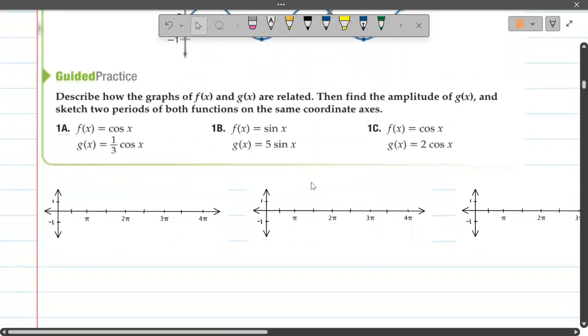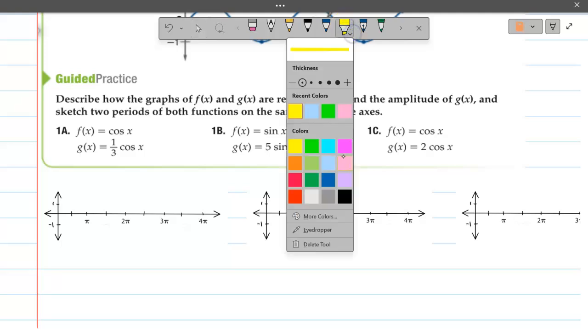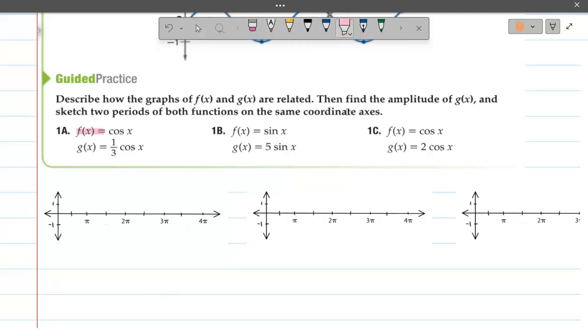So let's practice graphing some of these with various amplitudes. So first we're going to put the parent function on the graph. I'm going to do that in pink for all three of these. So I'm going to mark this one, and this one, and I'm going to graph them in pink.